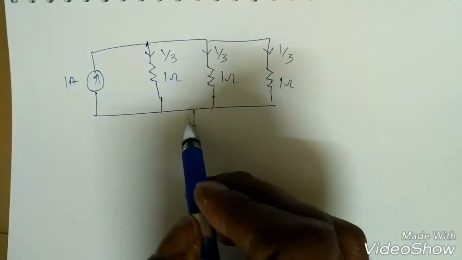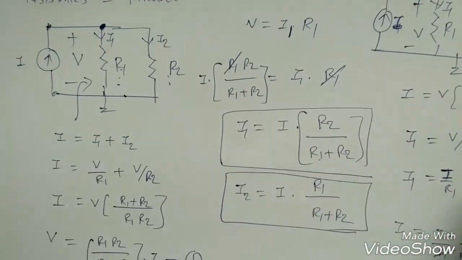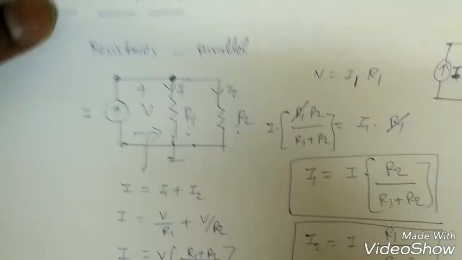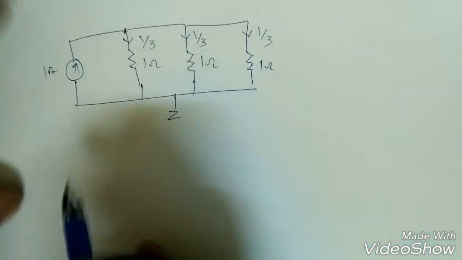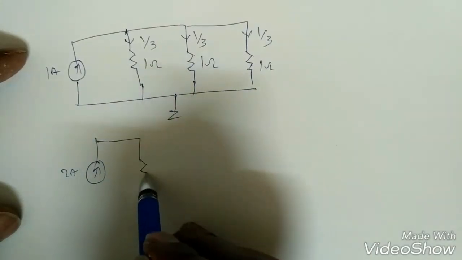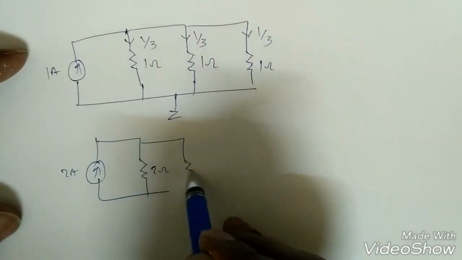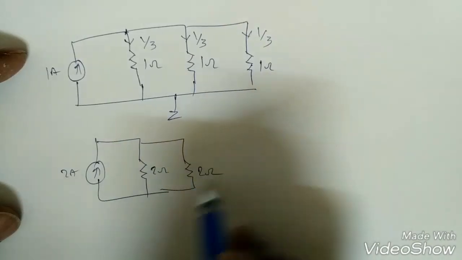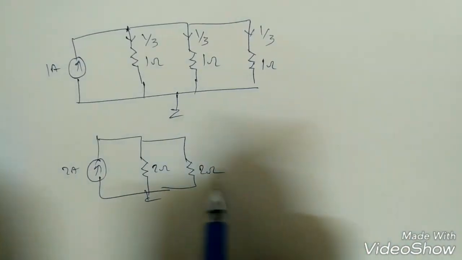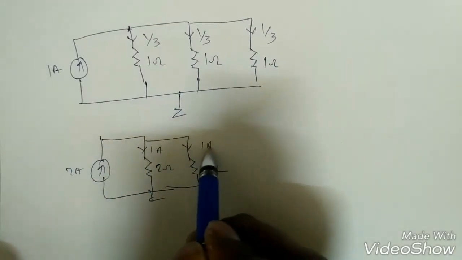We can use the formulas we discussed here and see whether we get the same or not. Similarly, suppose there is a main current source of 2 ampere and two resistances in parallel, 2 ohms and 2 ohms. The two resistances are the same, so 2 ampere will be 1 ampere and 1 ampere.